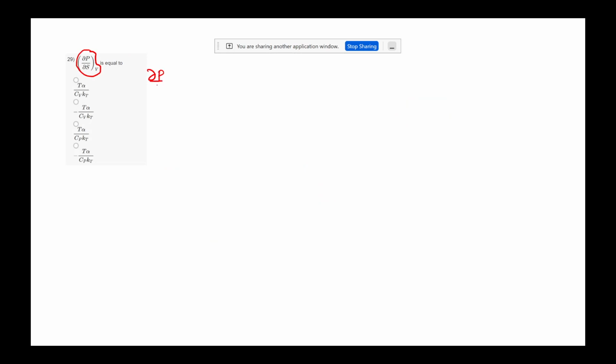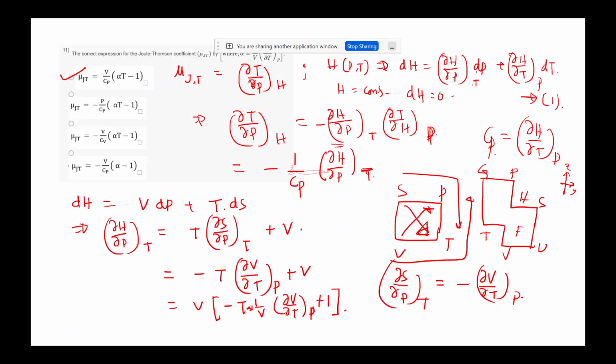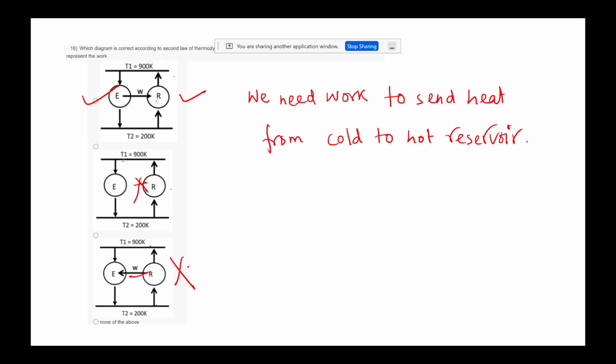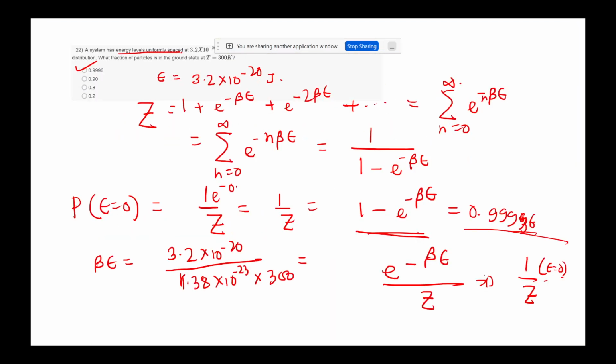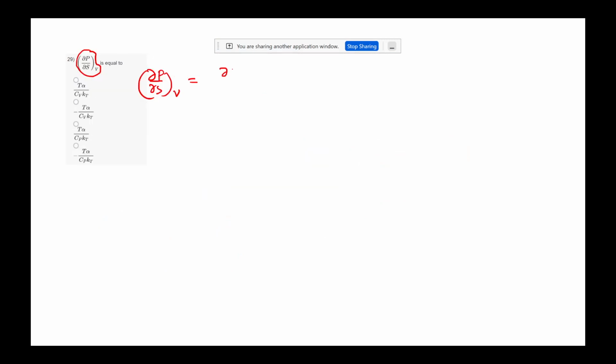So del P del S at constant V: let's make it del (P,V) over del (S,P), and then again del (P,V) over del (T,V), and del (S,V) over del (T,V).